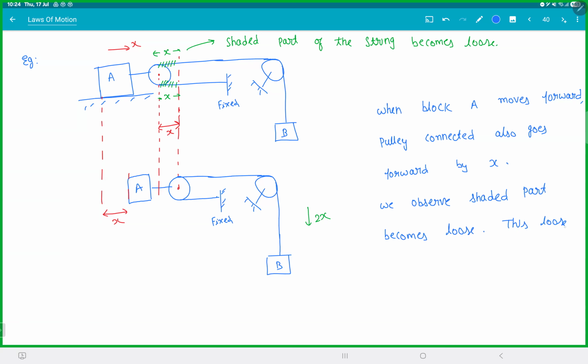This loose string is absorbed by B. Therefore, B moves by 2X. That's the simple logic there. If A goes by X, B goes by 2X. You could have done this with your regular method 2 also. Is the idea clear, everyone?